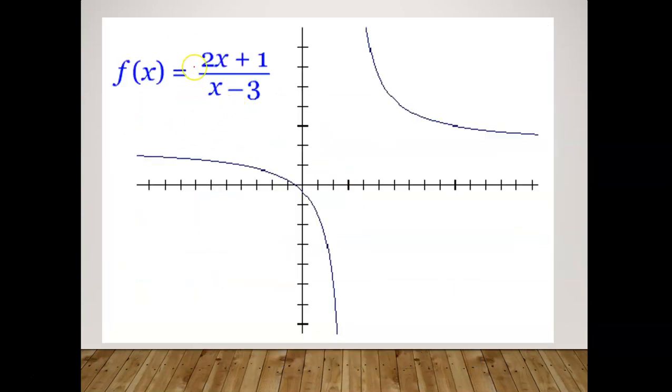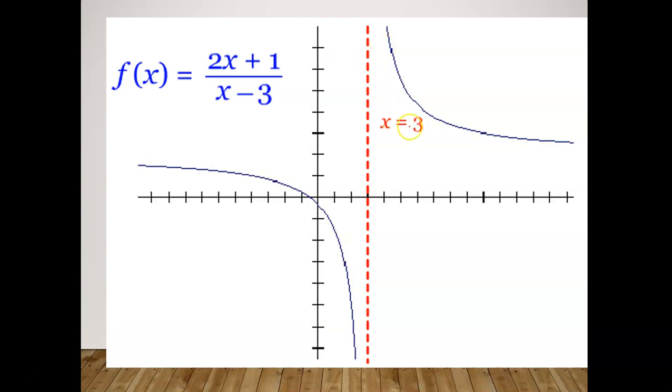For example, in this case, the same equation, x cannot be 3. So 1, 2, 3. The vertical asymptote in this case is this line. Your function, this f(x), will not cross this vertical line. So x = 3 is the vertical asymptote.